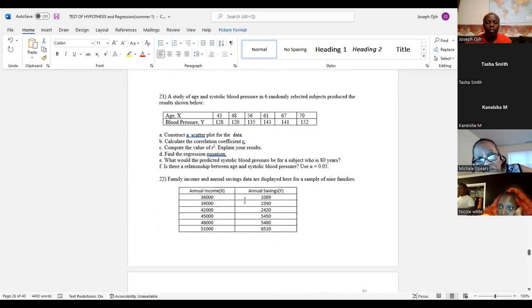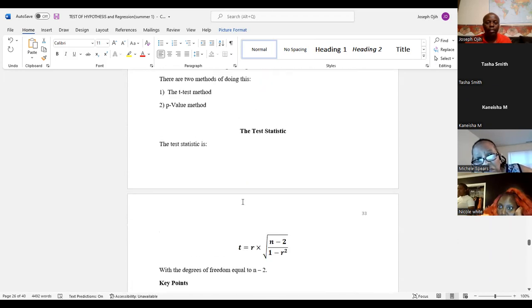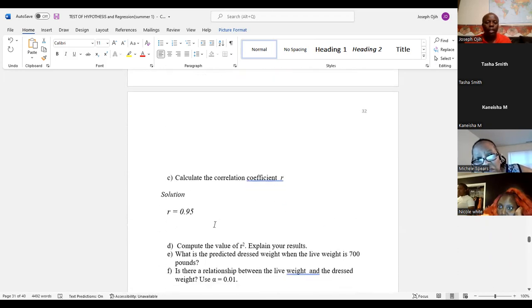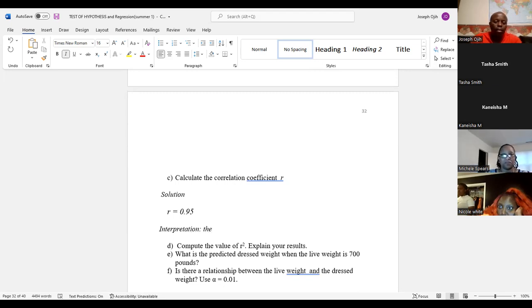So interpretation of this: R equals 0.95 is a high value.